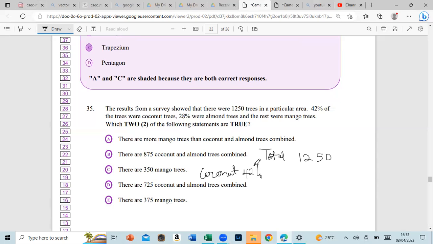So let's find 42%. I don't have the numbers yet, but I'm going to find 42% of it. Now percent means out of 100, so we can make it simpler.